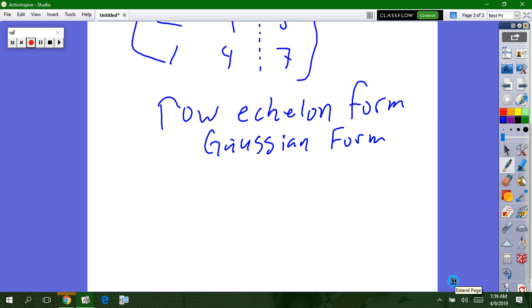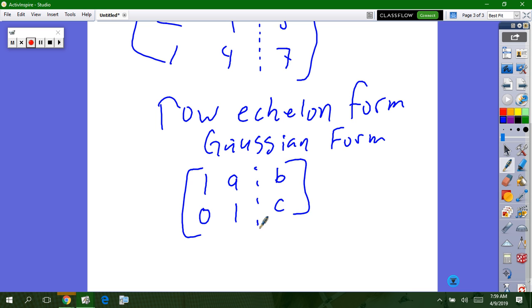In our case, we have a 2 by 3, right? You want it to look like this: 1, 0, A, 1, B, C. That's what row echelon form is. Now, A, B, and C just represent numbers, we just don't know what they are. Okay? But the key thing is you want ones down your diagonal and zeros to the left.